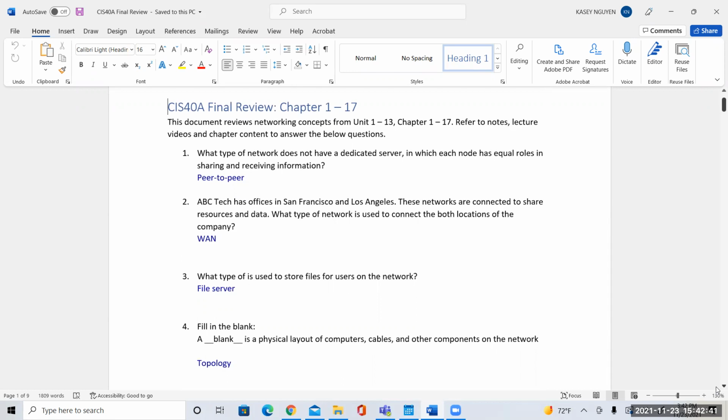For 2, ABC Tech has offices in San Francisco and Los Angeles. These networks are connected to share resources and data. What type of network is used to connect both locations of the company? Since geographically it is far, we are going to use a wide area network, which belongs to a service provider and other entities. So wide area network for 2.